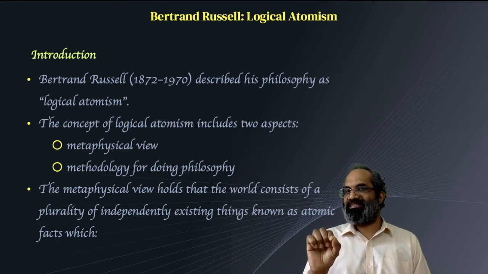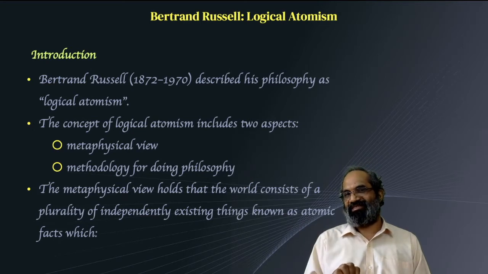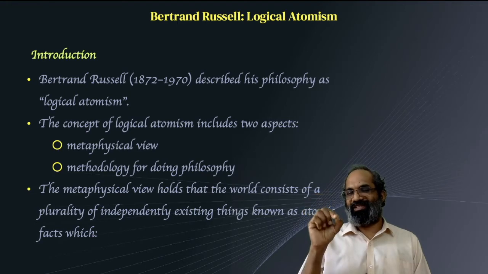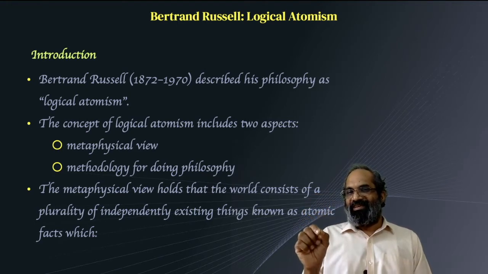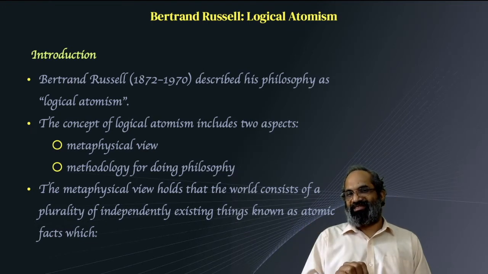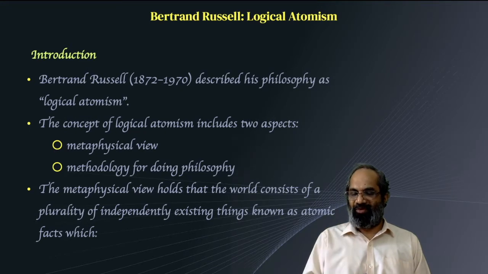Here, things do not mean objects. Here, things are the unit of thought. That will be clear in a while. And there are atomic facts. That independent existence of objects are atomic facts. And there are two aspects for that.